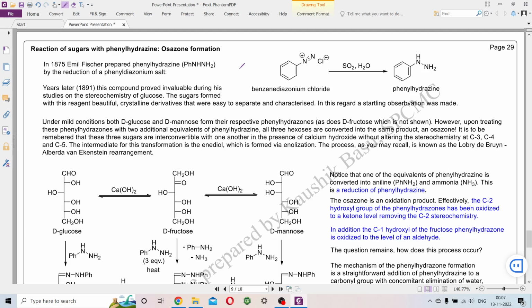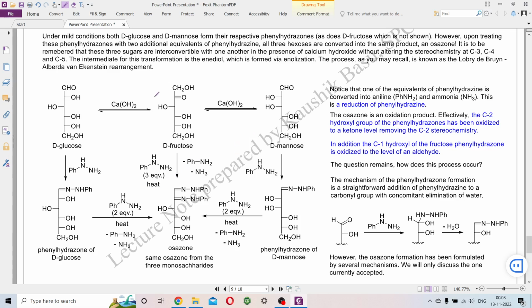When treated with excess phenylhydrazine, all of them formed the same crystalline derivative. These crystalline derivatives were known as osazones, and that was a critical point in determining the relative configuration of these hexoses.